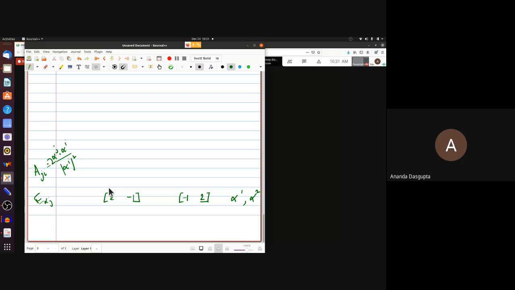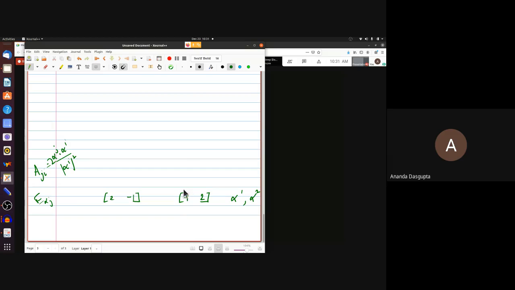The question is, using the SU(2) tools with the different simple algebras, what can you do to these roots? So this 2 tells us something about what alpha 1 can do to this, and this minus 1 tells you something about what alpha 2 can do to this. In both cases, we are talking about alpha 1 being shifted either in the alpha 1 direction or in the alpha 2 direction.